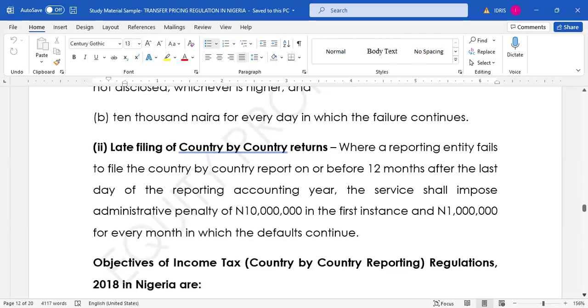If you fail to file it, that company will pay a penalty of 10 million naira in the first instance and 1 million naira for every month in which the failure continues. So those are the offenses of transfer pricing.